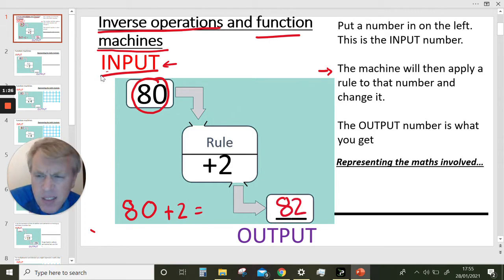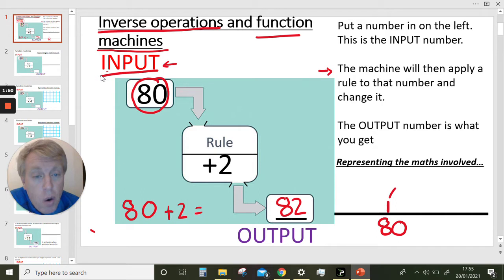This is a very easy one, but I want to start thinking about how we represent this, because we're going to go on to some slightly trickier examples. So we start with the input number on our number line. Number lines are really good for addition and subtraction problems. We start on the input number, 80. And what does it mean to add 2?